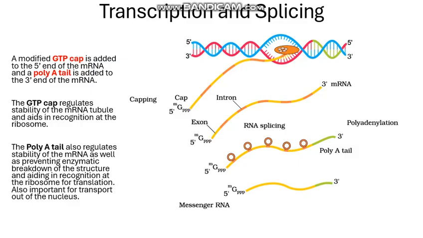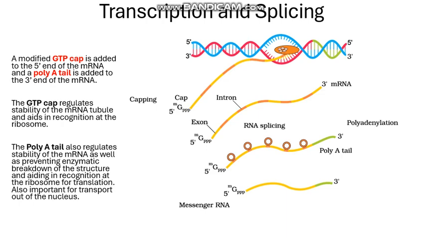This pre-mRNA then undergoes a process called splicing, where a spliceosome cuts the pre-mRNA at the intron-exon junctions, removing introns, and then a ligase will bind exons together to produce a molecule of post-mRNA, which will then travel to the ribosome, where the codons of that post-mRNA are going to be read, and they're going to produce a polypeptide with amino acids put in the sequence that the post-mRNA is coded for.